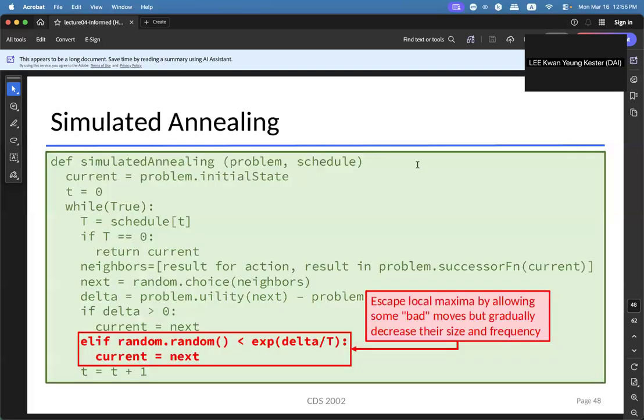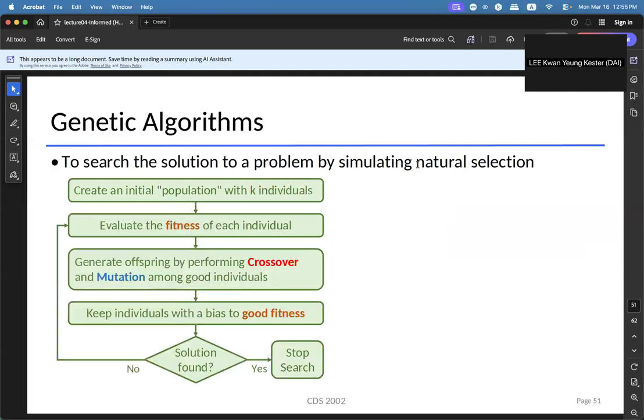And the next algorithm we need to talk about is genetic algorithm. Also, one thing is that optimization problem is still not a problem easily solvable by ChatGPT or large language models right now. Large language models can only generate a piece of text based on your input.